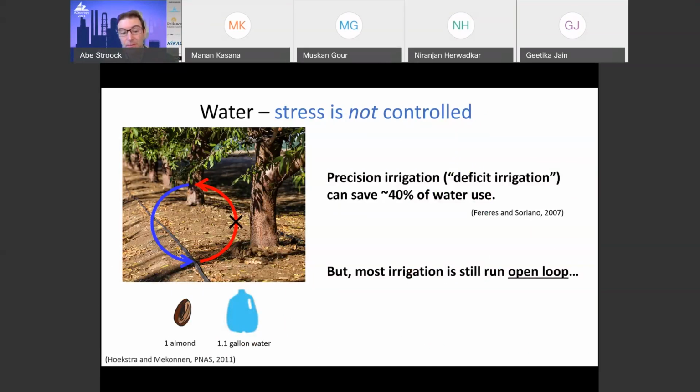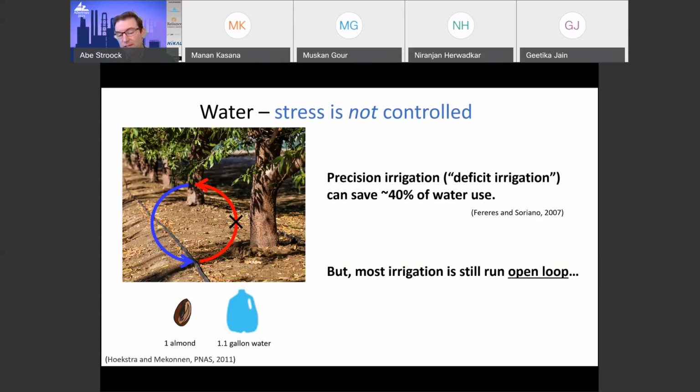We actually, thanks to companies like Jain from India, have millions and millions of acres of controlled delivery of water, but essentially no robust way to close the loop on the delivery of water based on the state and needs of the plant.